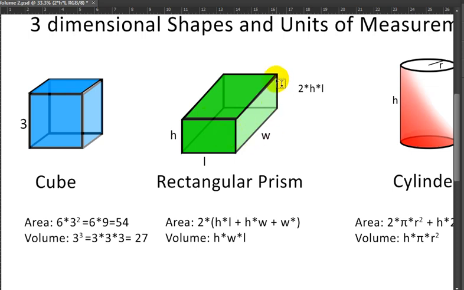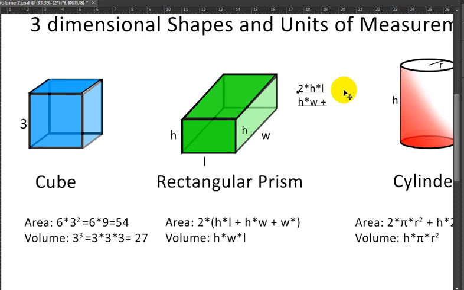Then for the right face, we have to remember that since this side is the height, this side is also the height. So however much this is, the same. So the area of this right face would be h times w. But that's also the area of the left face.